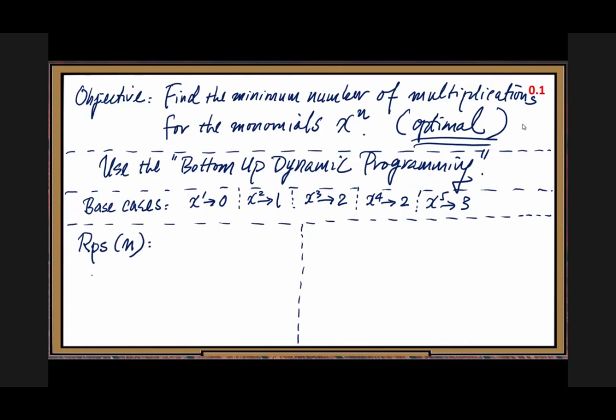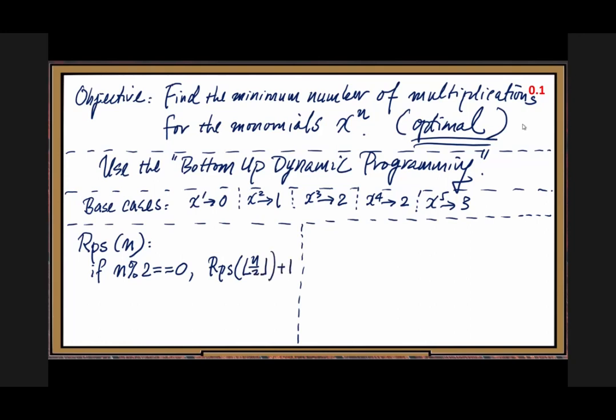If n mod 2 equals 0, then recursion. The number of multiplications, RPS, plus 1.